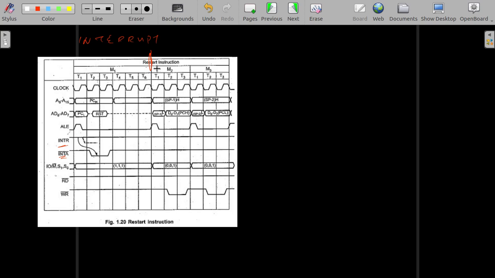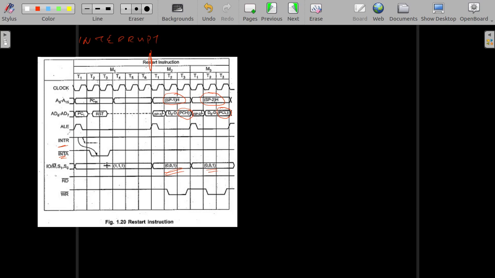Then the other two machine cycles are 001, which is a memory write. What location is being accessed here? The stack is being accessed, SP-1 and SP-2, and what is being stored is PCH and PCL.